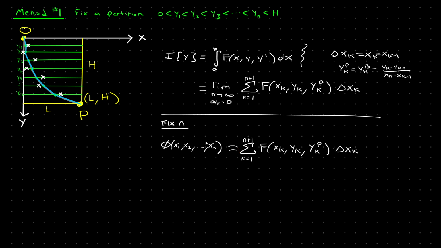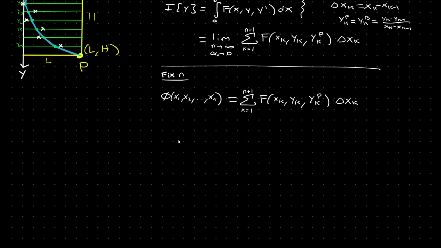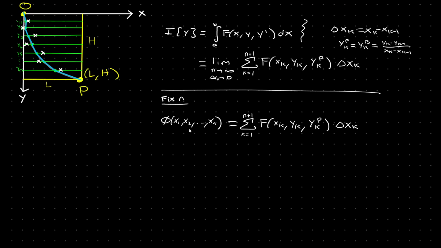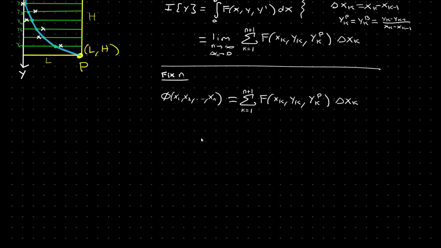And we know how to optimize multivariable functions from Calculus 4, or a multivariable calculus class. To find a critical point of a multivariable function, that's going to happen at either a point where the partial derivatives do not exist, or where the partial derivatives are all simultaneously equal to 0. And we're just going to consider that second case where the partial derivatives are all 0.